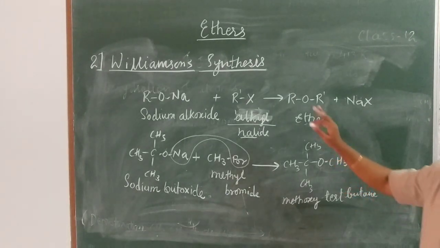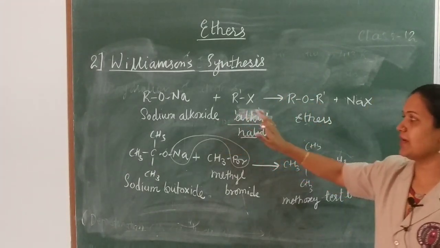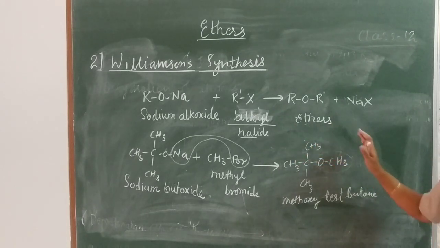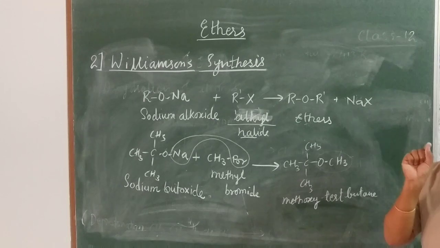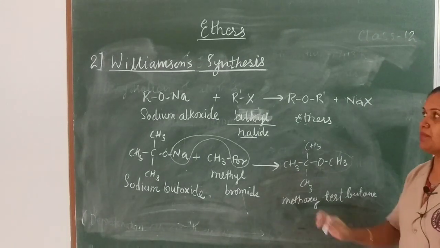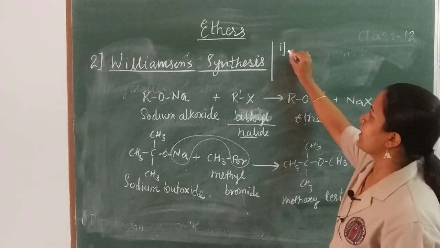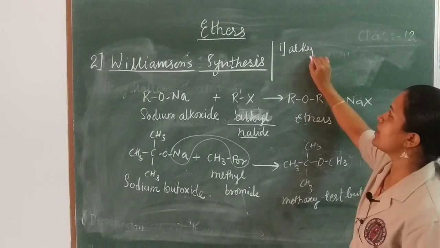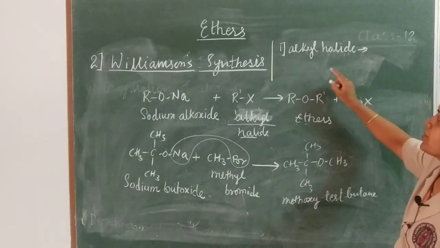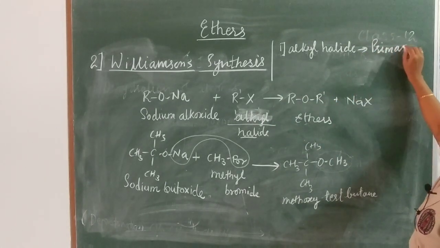So understood student, in Williamson's synthesis we have to use sodium alkoxide and alkyl halide, and we will get ethers. Okay, now a few more conditions in Williamson's synthesis need to be kept in mind. The first is that the alkyl halide which you are using in this reaction should be primary.